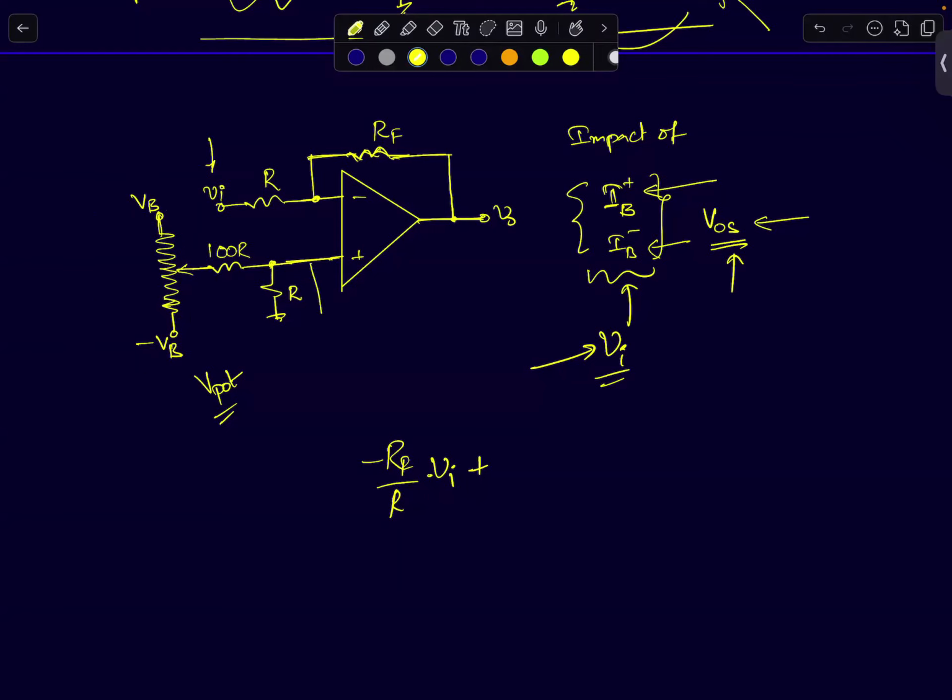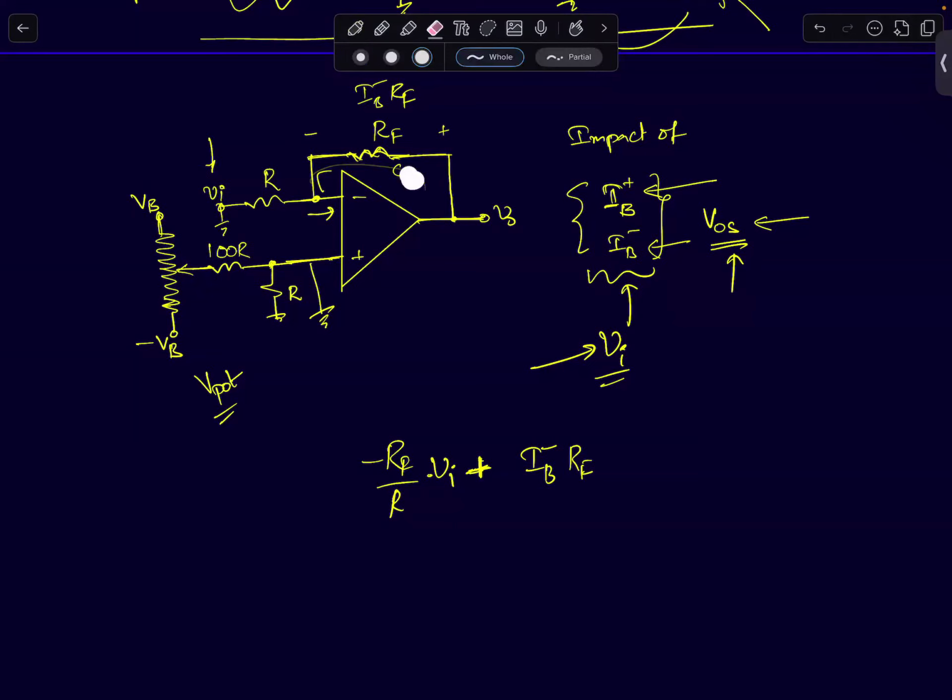So I can treat this node voltage as at ground, and IB minus is a current flowing here. Input is also at ground. So that will flow through the feedback resistor, and the voltage drop across this will be IB minus times RF. So that will be plus IB minus times RF. It's a very simple circuit.